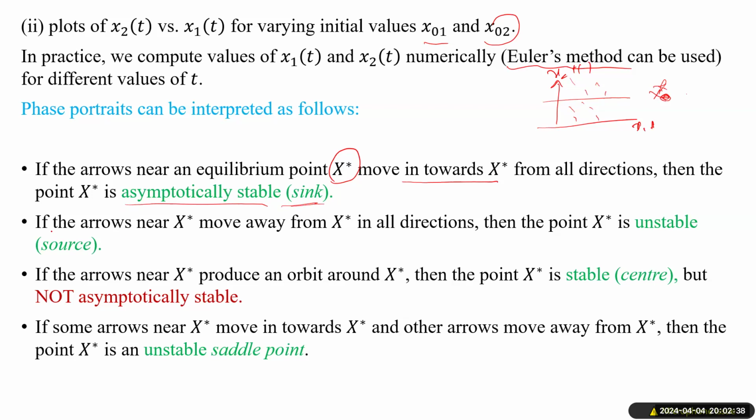And if all arrows move away from x star in all directions, then the point x star is called unstable. That is called a source, unstable.